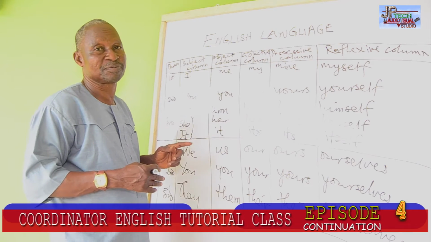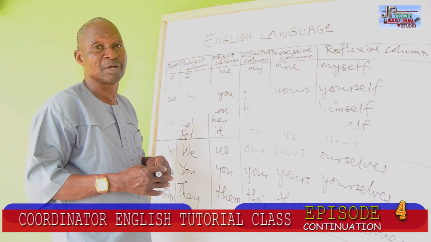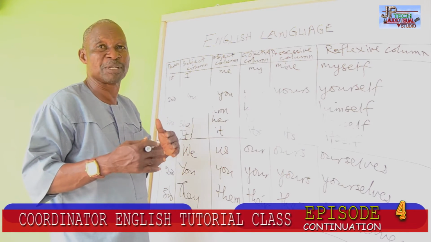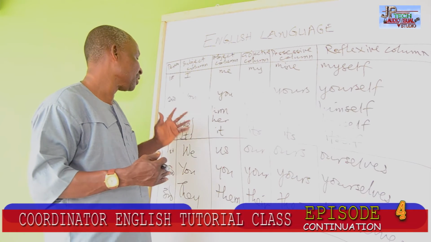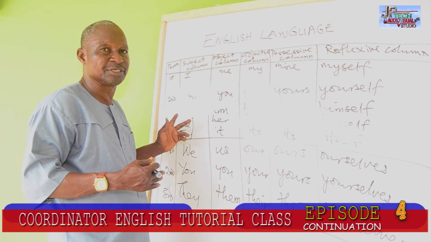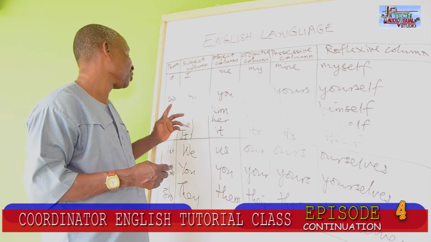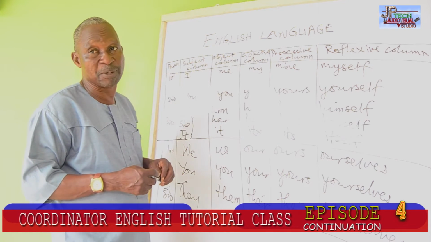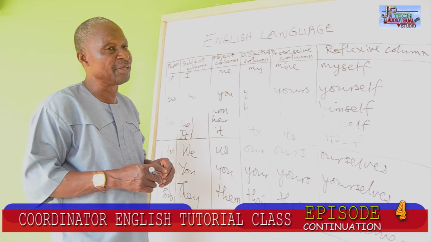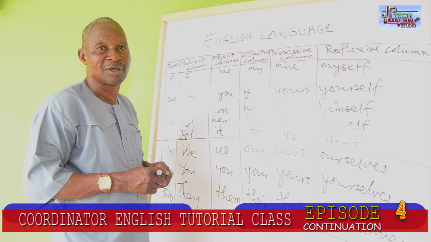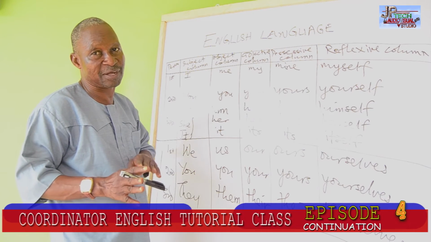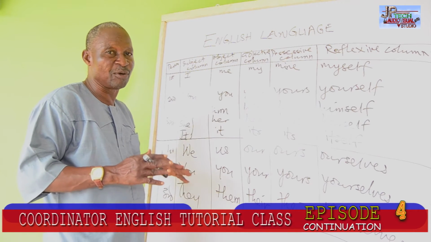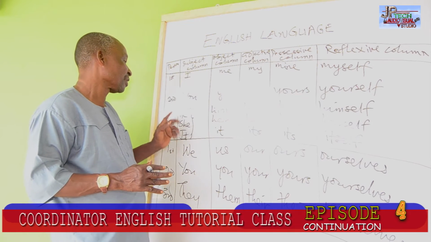Third person is the subject. Third person is the reference. In the subject column, he, she, it. What you are referring to could be a male person or a female person or something that you cannot classify into male or female. That's it.